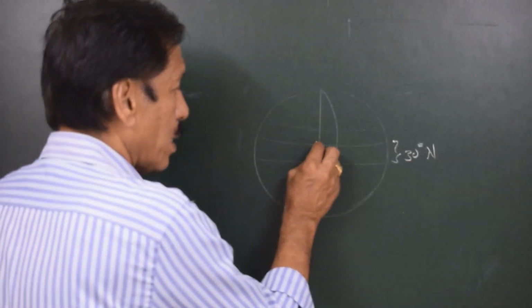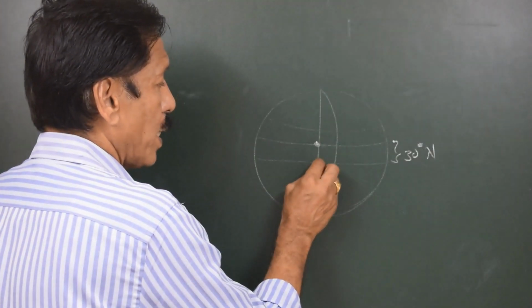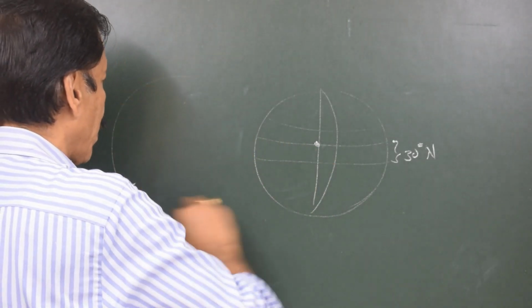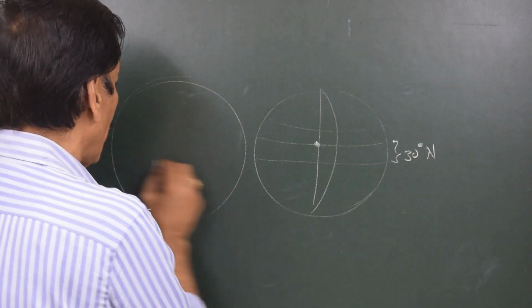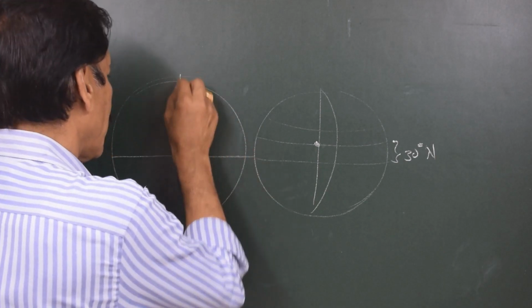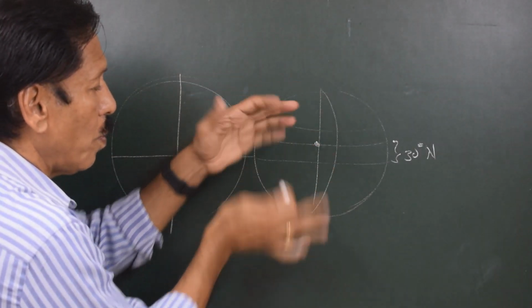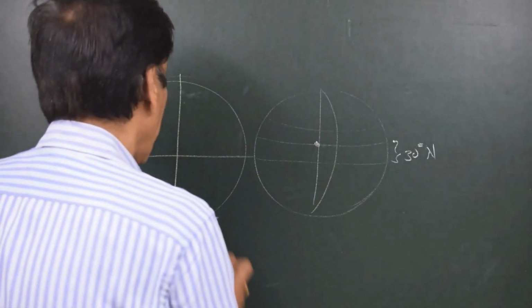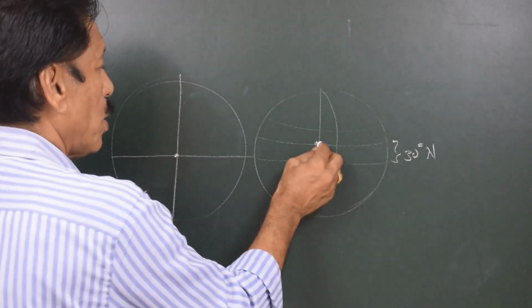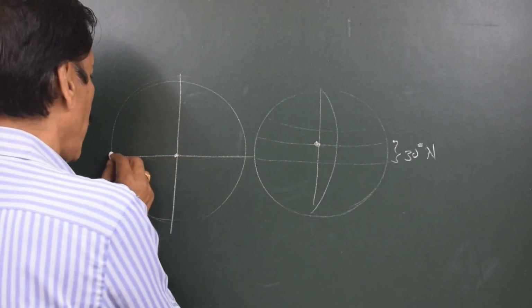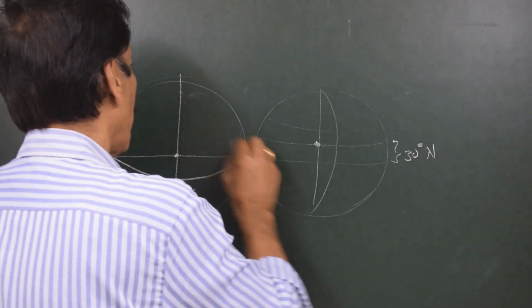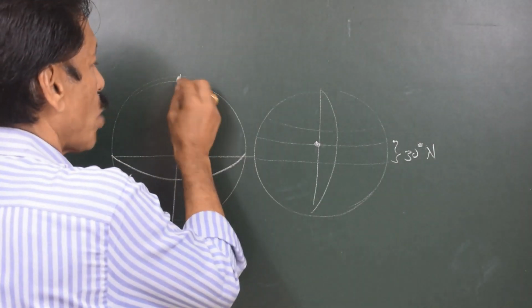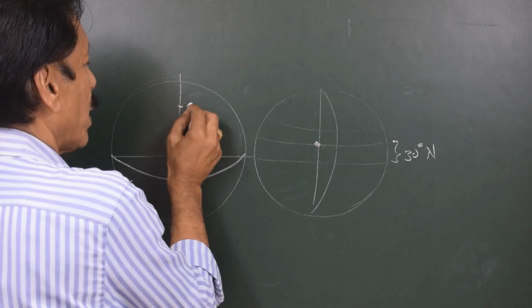If I want to get this observer in the center of picture, I will have to modify the diagram. What I will have to do is tilt the globe forward by about 30 degrees so that the observer comes in the center of the picture. So equator will go 30 degrees down and the north geographic pole will come down by 30 degrees.